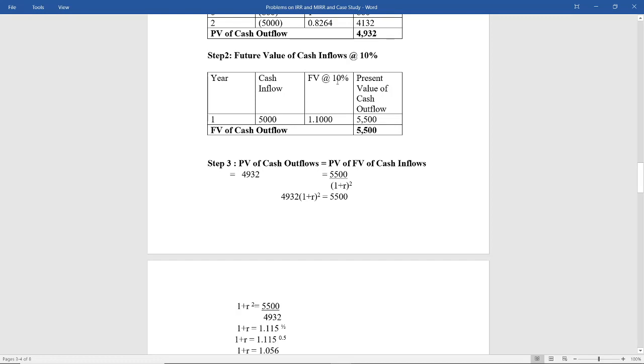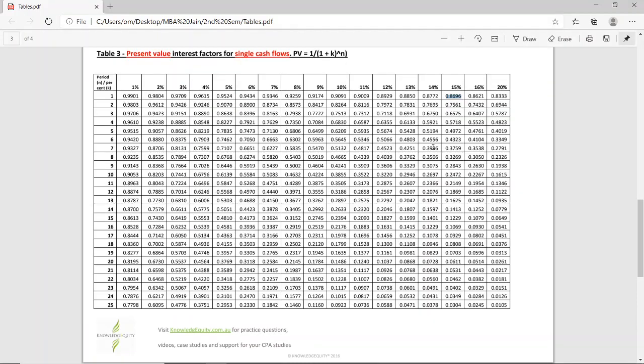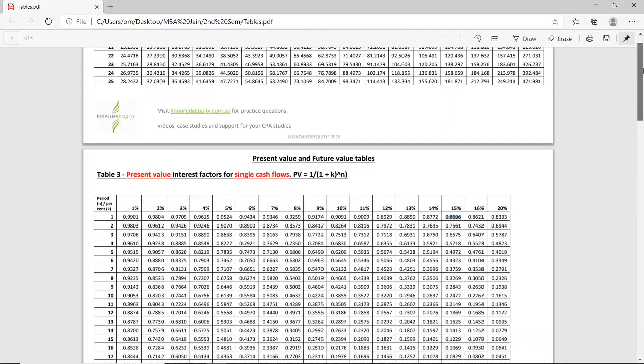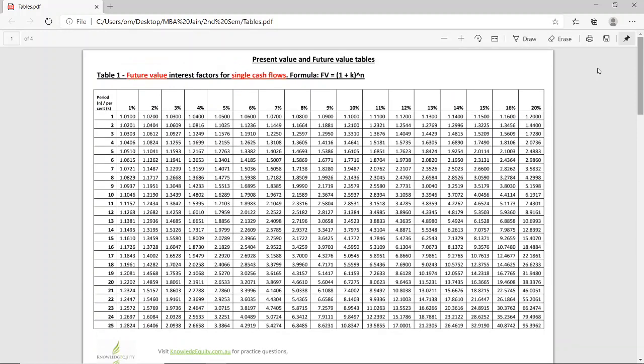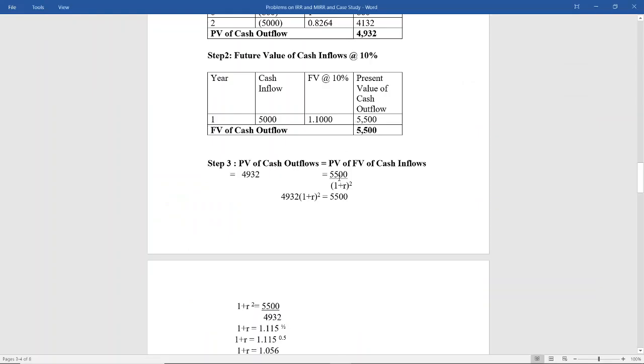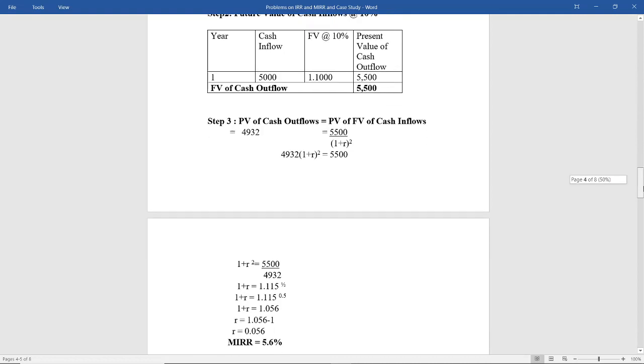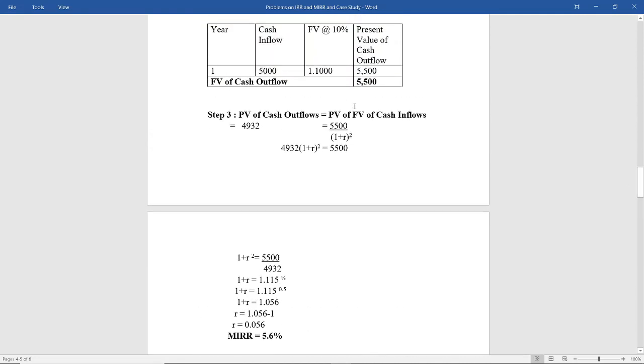So future value at 10%. Just for you all to understand, it is a single cash flow at 10% for 1 year. It is 1.1 thousand. So multiply 1.1 thousand and you get the future value of cash inflows.